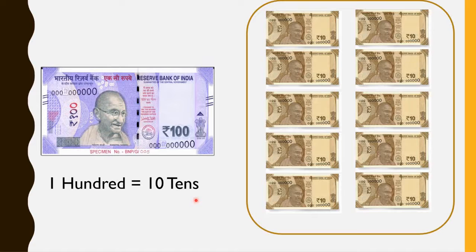If there are 300s, so 300 is equal to 200 plus 10 tens. 400 is equal to 300 plus 10 tens. 500 is equal to 400 plus 10 tens.